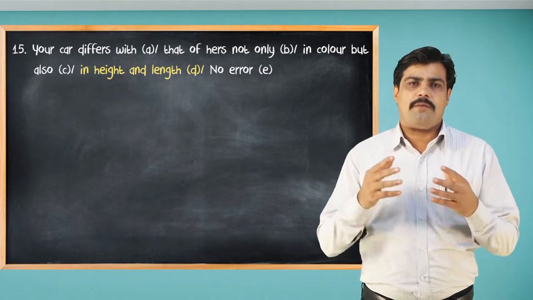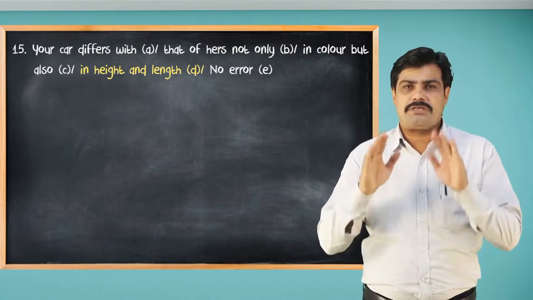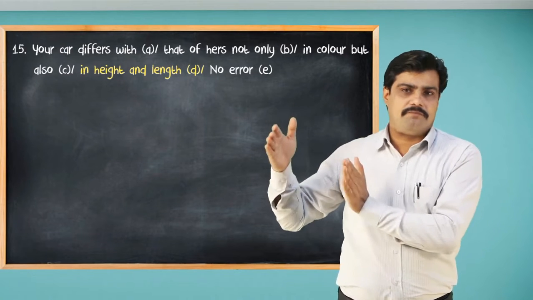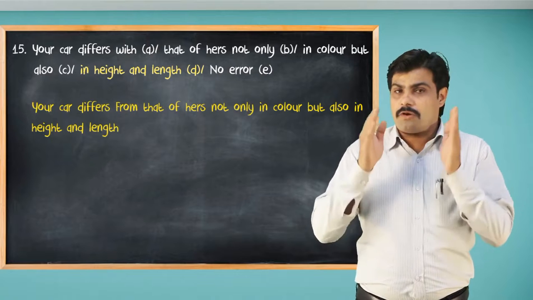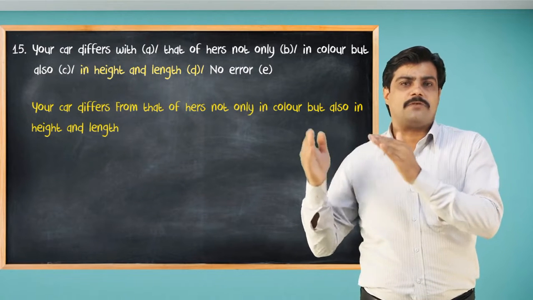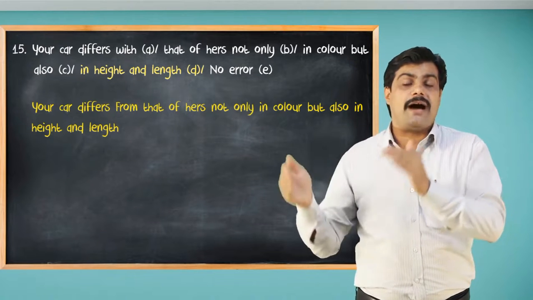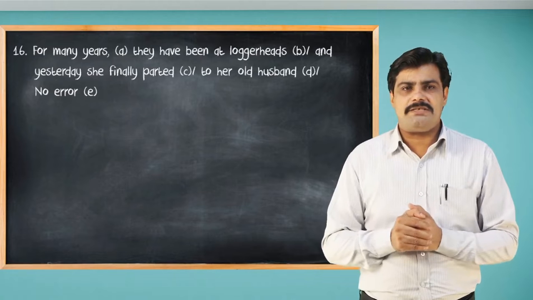Because when we talk about quality, manner, attitude, size and color, we use differ from. Now the correct sentence would be, your car differs from that of hers, not only in color but also in height and length.